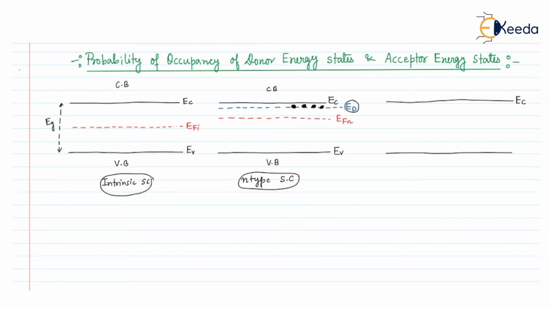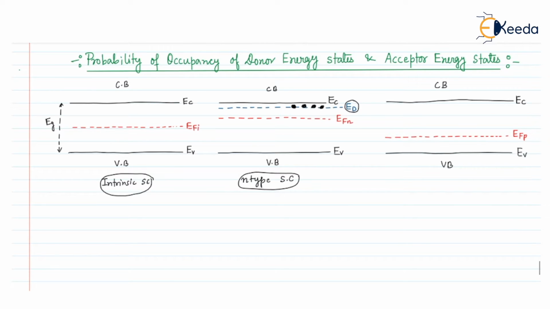This will be the minima of the conduction band, and this will be the maxima of the valence band, EV. Since we have doped with the acceptor impurity, the Fermi level of the doped semiconductor will reside near the valence band, because it will be converted to a p-type semiconductor. We have denoted the Fermi level as EFP.